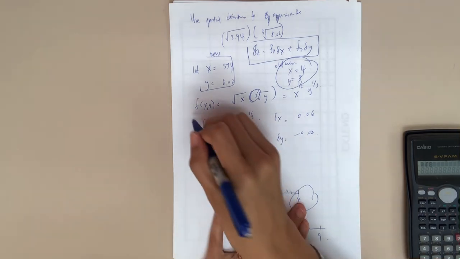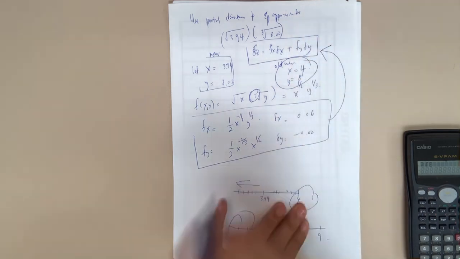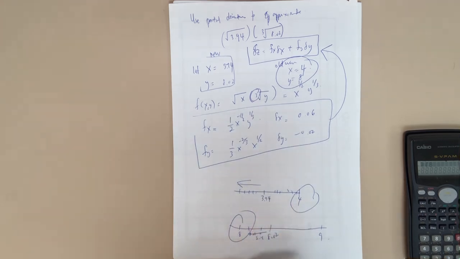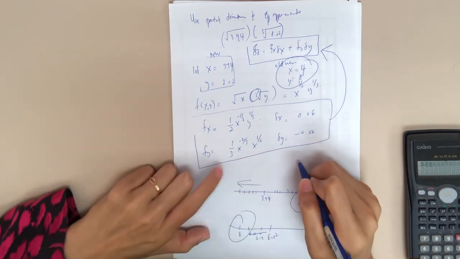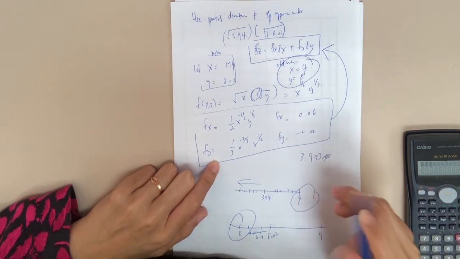Now you already have all these four values, so just substitute back into the formula. Don't forget to substitute the old value, and then you will get the answer. The answer for this question is 3.973. You can try by yourself.